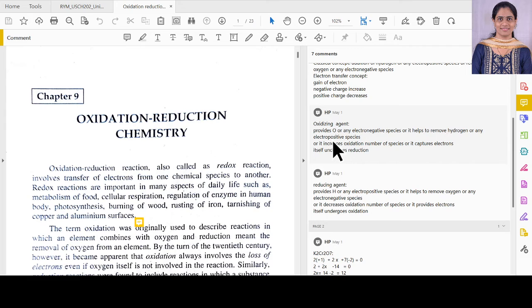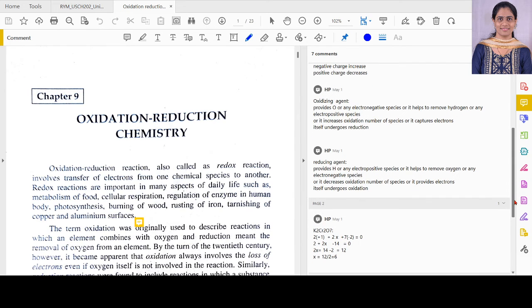it increases the oxidation number of the other species, and it will capture electrons. So when it captures electrons from the other species, the other species loses electrons, the oxidizing agent has captured them, so it itself will undergo reduction, because reduction is gain of electron. Okay, reduction is gain of electron. So remember that way all the definitions of oxidation and reduction, oxidizing agent and reducing agent.